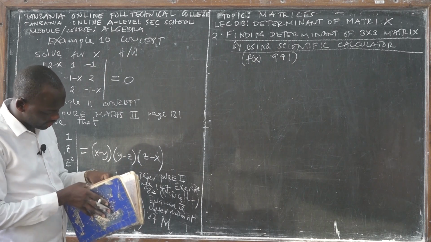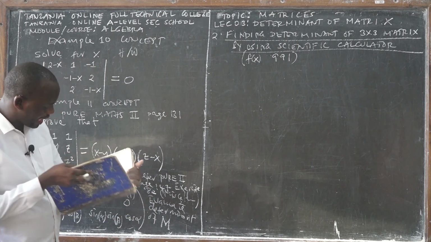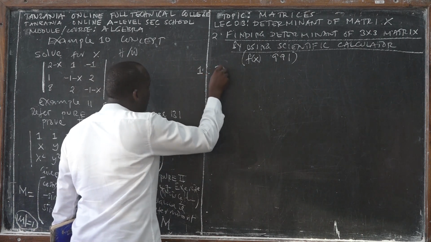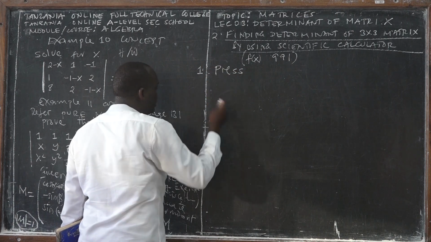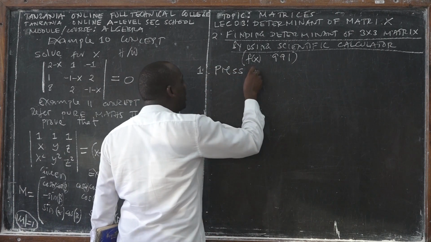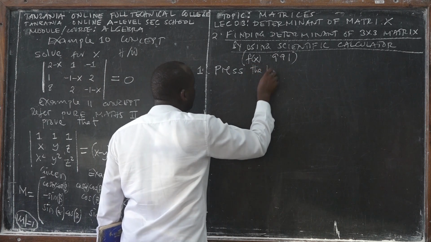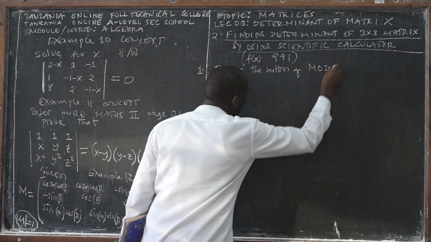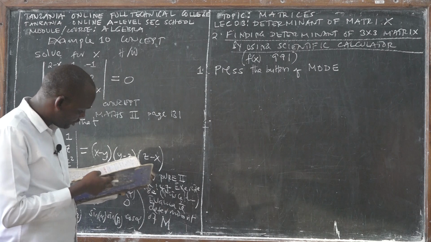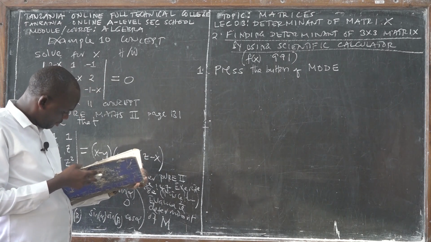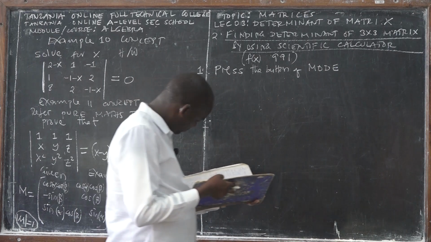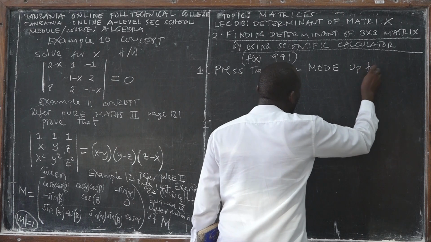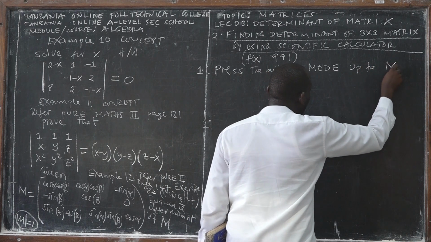The first step, listen. You can take your scientific calculator and practice what I told you. Press the button of MODE. Press the MODE button until you see MAT.